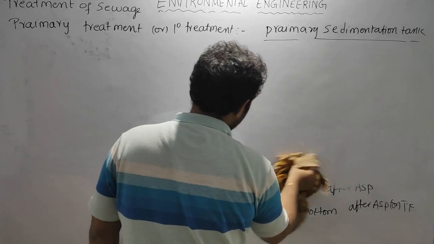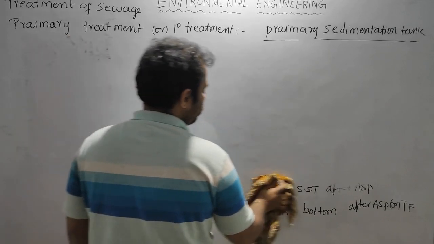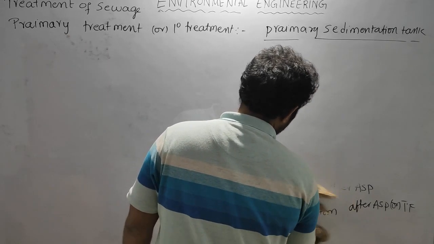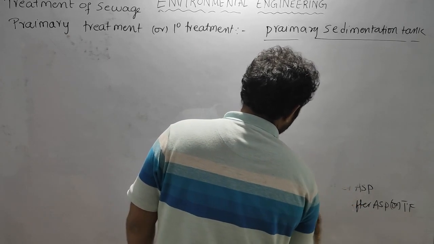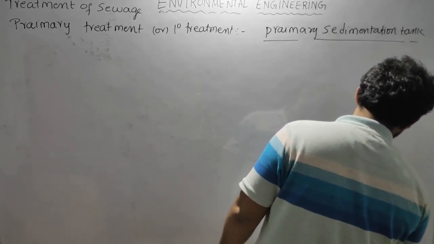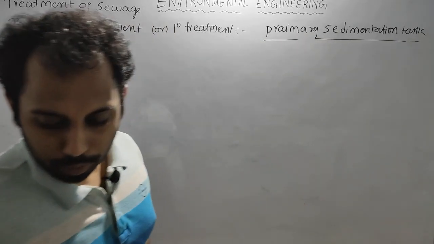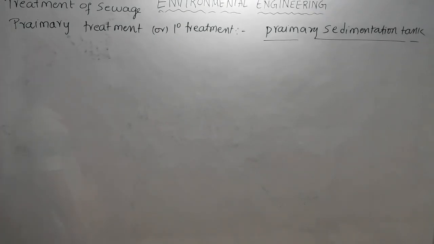So we give sufficient time only to allow the settlement of the biodegradable suspended matter, not its decomposition. That is why we keep the following design specifications for the primary sedimentation tank.